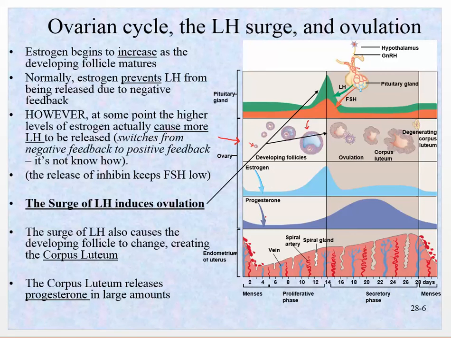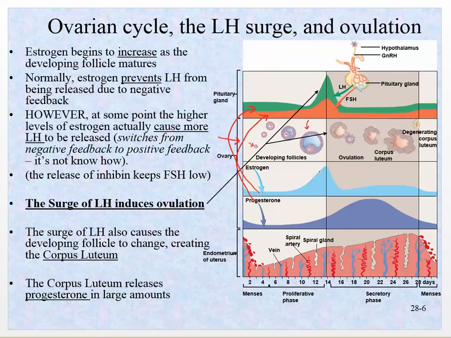Because estrogen and progesterone are being produced, they're feeding back. It's a negative feedback mechanism saying, hey, LH, and hey, FSH, you're good. You don't need to increase, you just need to stay at a nice low level, because we've got everything under control, we have a follicle that is developing. So it keeps these at a pretty constant level most of the time. That's negative feedback, and then something very, very strange happens.